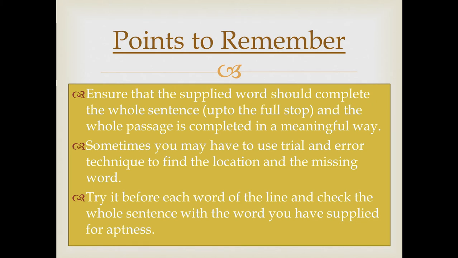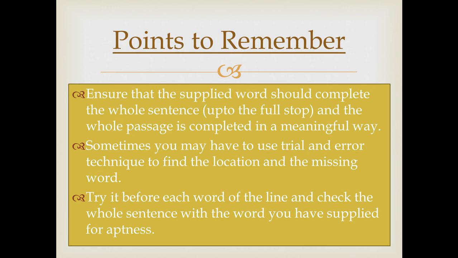Ensure that the supplied word should complete the whole sentence up to the full stop, and the whole passage is completed in a meaningful way. Now, what you have to do is, when you supply the word, you have to ensure that the whole sentence up to the full stop is complete.